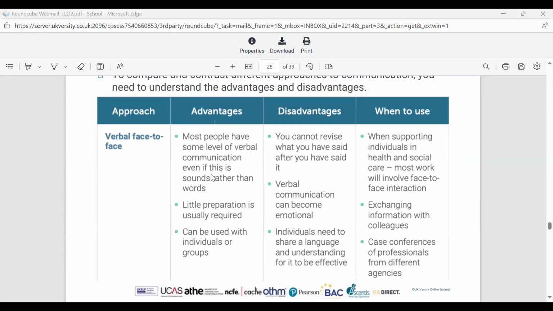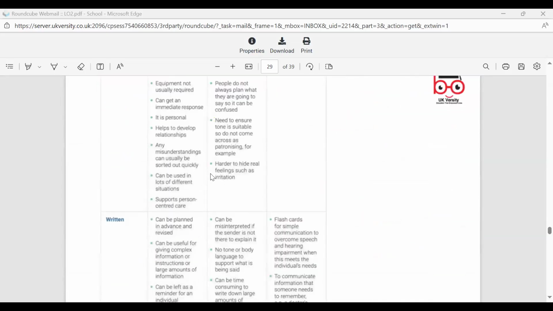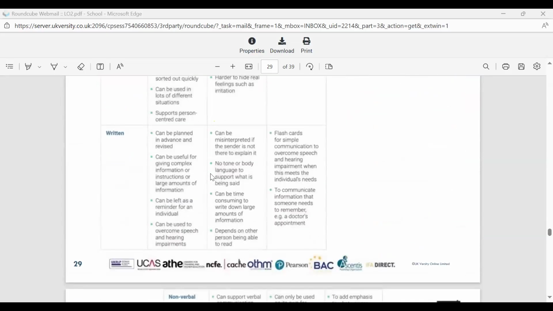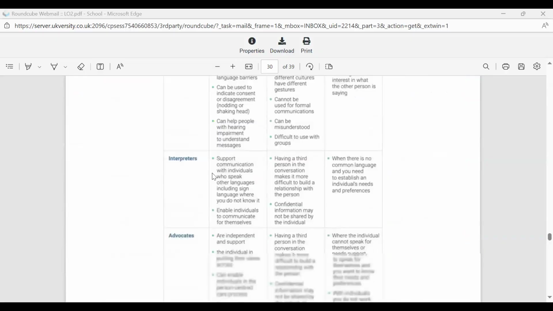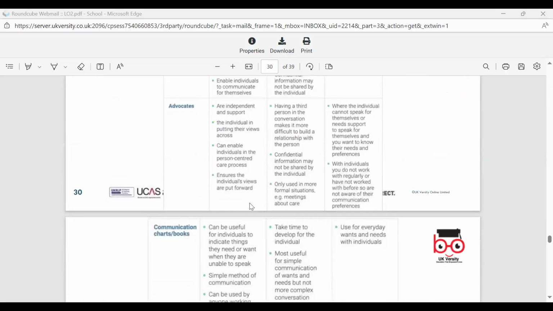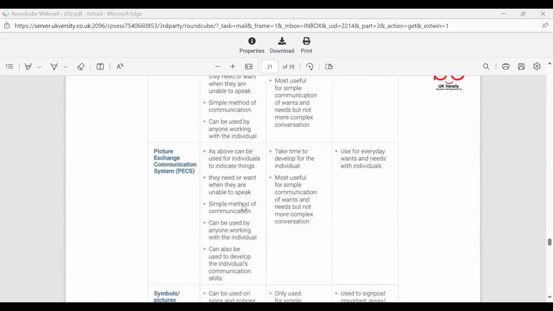We then went on to look at written communication and how it could be planned in advance, and also non-verbal communication, interpreters, advantages and disadvantages, advocates, communication charts and books, PECS, which is the picture exchange system, and how it's used and how it's developed.